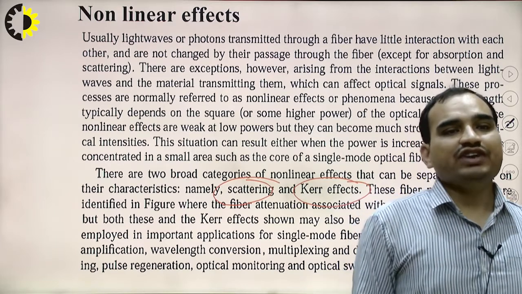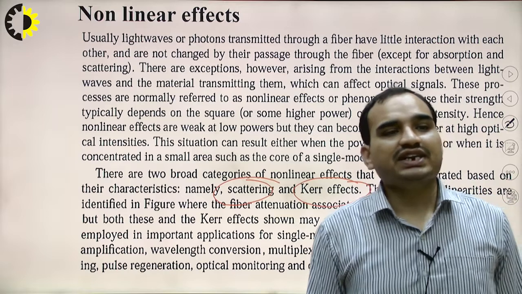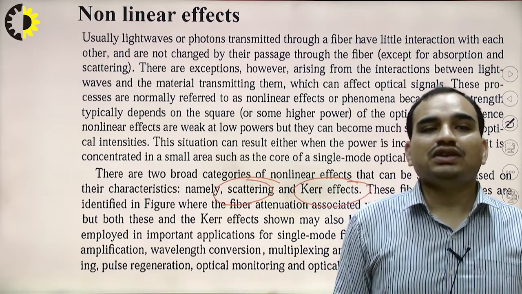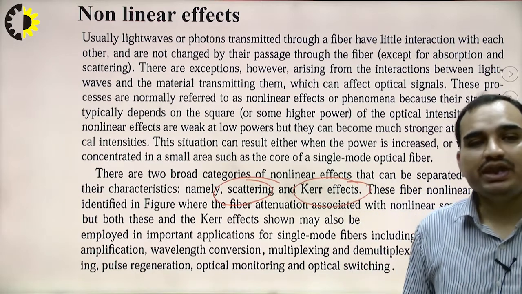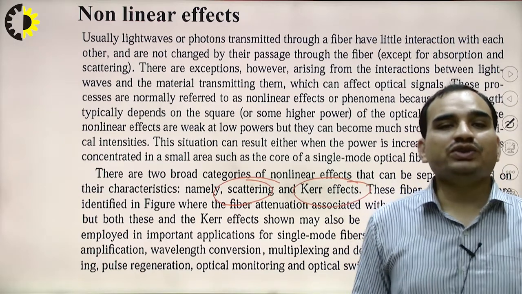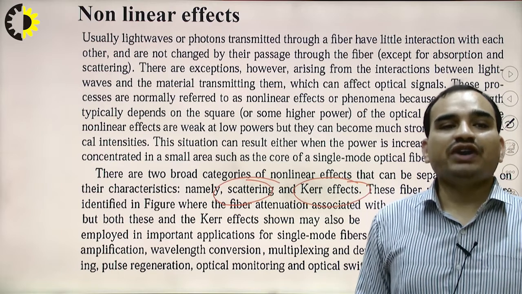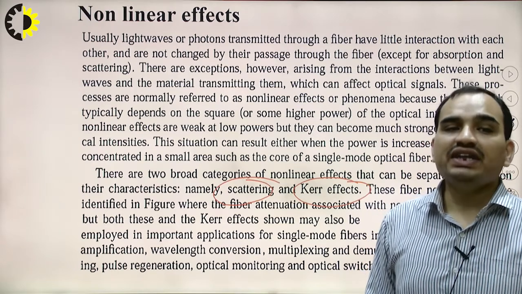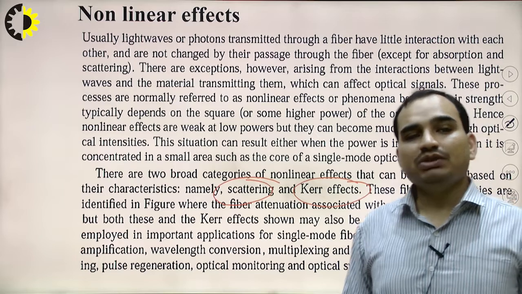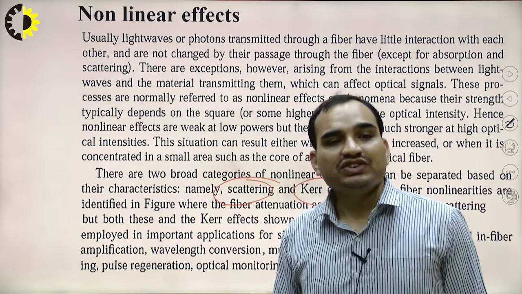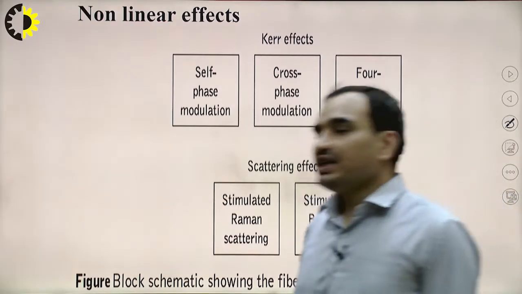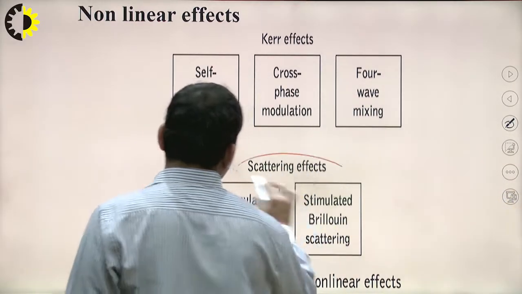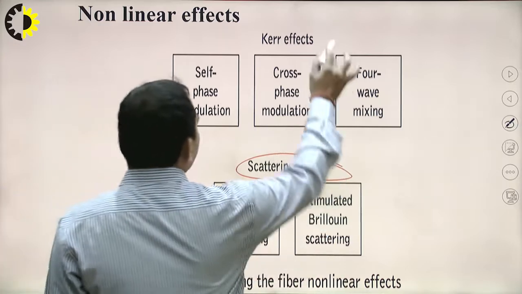The fiber attenuation is associated with the nonlinear scattering, but these are the Kerr effects shown. They are employed in important applications for the single mode fiber, including distributed in-fiber amplification, wavelength conversion, multiplexing, demultiplexing, pulse regeneration, optical monitoring, and optical switching. As we can see, there are different scattering effects. These are also nonlinear effects, and the Kerr effect.